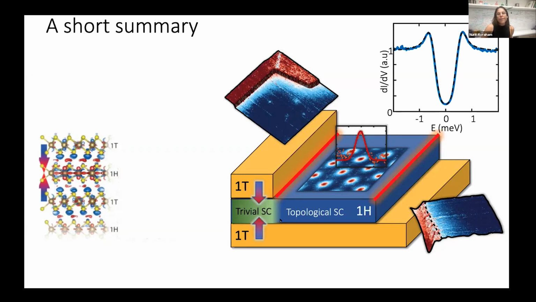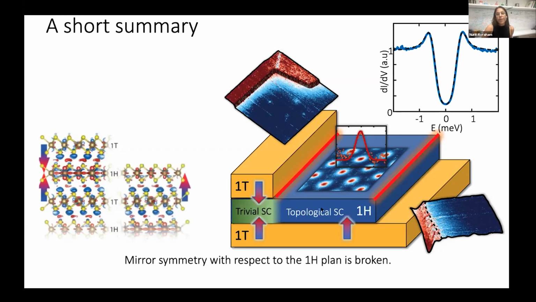But when we do the same thing for the non-symmetric configuration, then we have a non-symmetric charge transfer, which gives rise to polarization just at the interface between the 1H and the 1T.